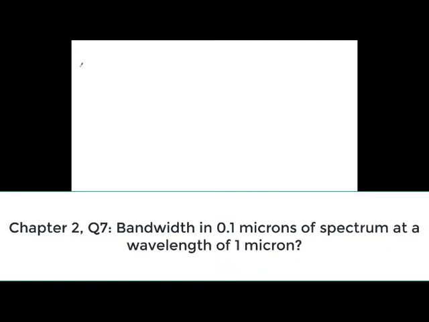Since we have our spectrum, right? It exists from here to here, and this is where we said that our spectrum lies at 1 micron, and we want to spread across this over here. So the wavelength down here is longer.